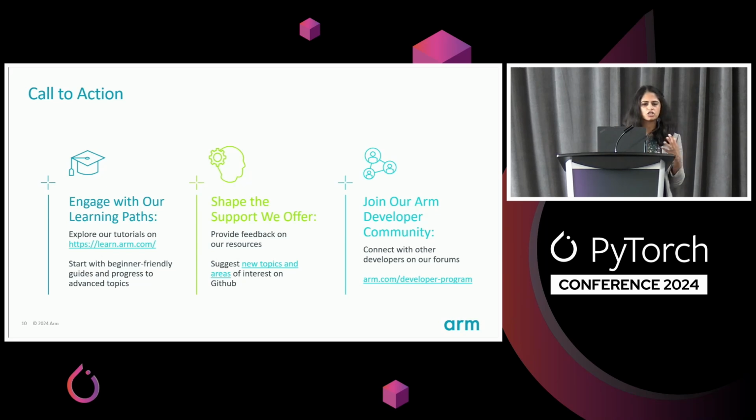Reach out to us over GitHub or directly and help us create the kind of content that you need for your application to take advantage of the fact that you can run Gen AI on these Arm-based CPUs. And please engage with us in our vibrant Arm developer community. It gives you a platform to showcase your work, but also learn from your peers.